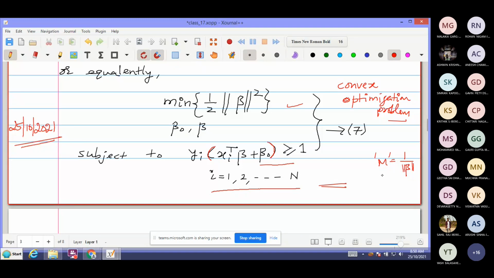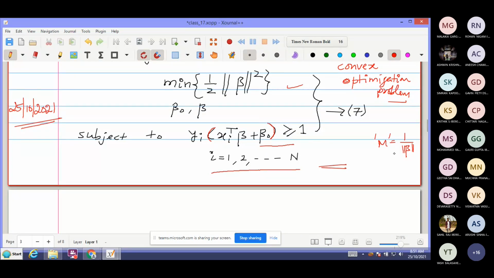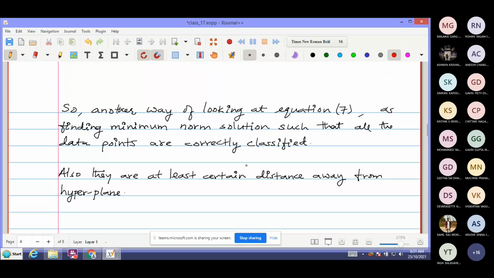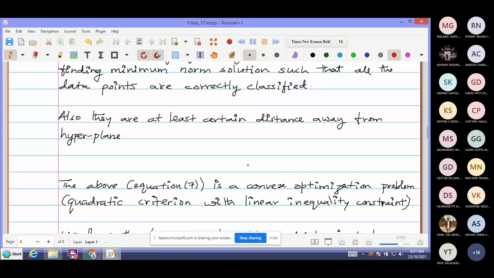So not only are they correctly classified, but we also ensure that they are m away from the hyperplane between the classes. Any point you take is at least m away from the hyperplane. Hope that's a point that you have to understand. That's what is being said here.